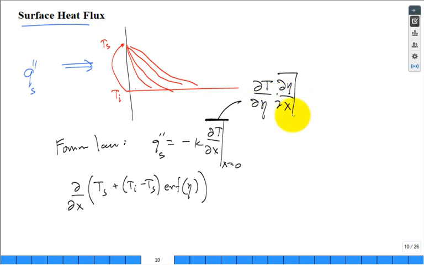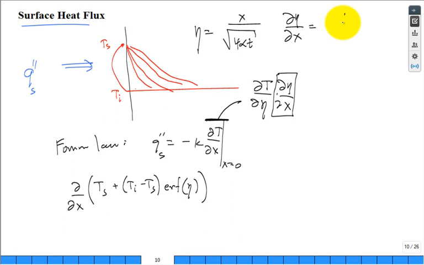Now, this one is probably the easiest, because wasn't eta equal to x divided by square root of 4 alpha t? If that's true, what is the derivative of eta with respect to x equal to? Yeah, that's the easy one. 1 over the square root of 4 alpha t. So that one we've got. This one's the hard one right here.